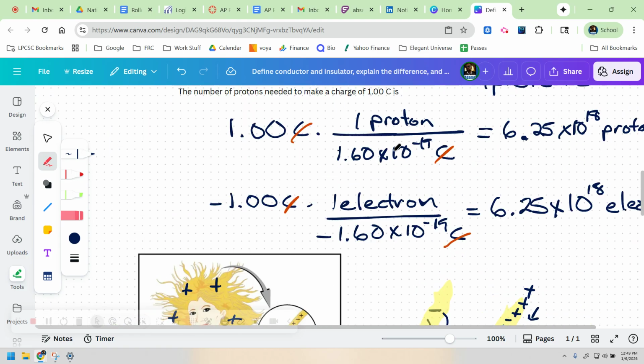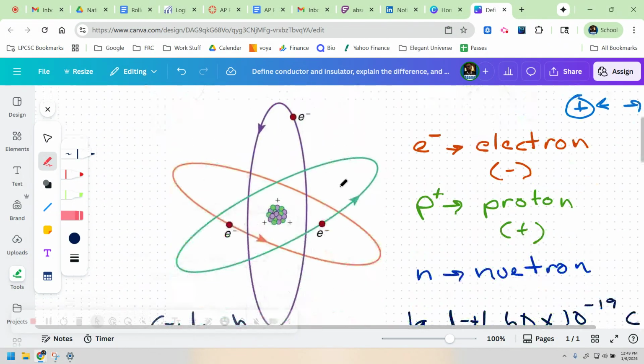So a couple of electrons can leave because they're outside of the nucleus. The nucleus is very tight. You have a strong and weak nuclear force that holds that together. It's almost impossible to rub 2 things together and give off a proton. The only thing you have are these electrons that are out on the outskirts, so to speak.